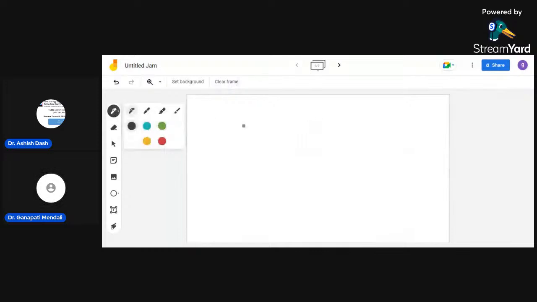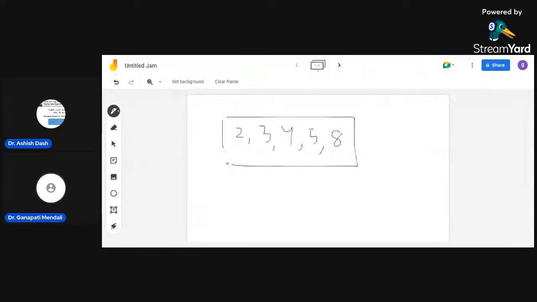Let us say this is the data: 2, 3, 4, 5, and 8. What is the value of the median? It is the middlemost value: 1, 2, 3, 4, 5. So (5 plus 1) by 2, that is the third item, is our median. This is the third item, so it is 4. 4 is our median value.